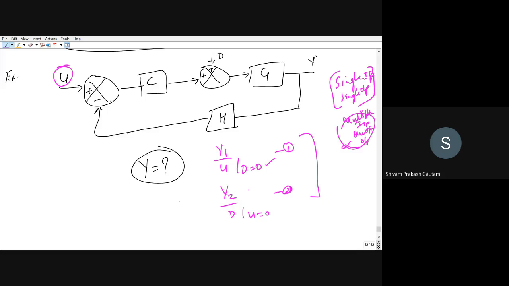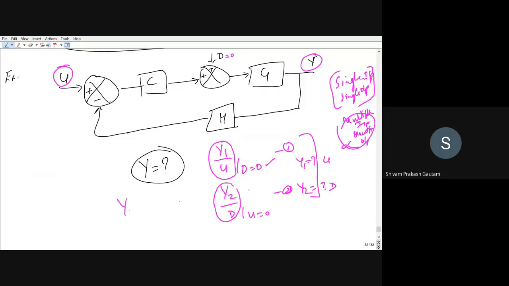In this way, we are considering that the system is subjected to a single input only. Are you getting my point? We will first calculate y1 by u, considering d is equal to 0. Then we will calculate y2 by d. Why have I written y1 and y2? Because finally, once you have calculated y1 by u, you can calculate the value of y1, and similarly the value of y2, in terms of u and in terms of d.